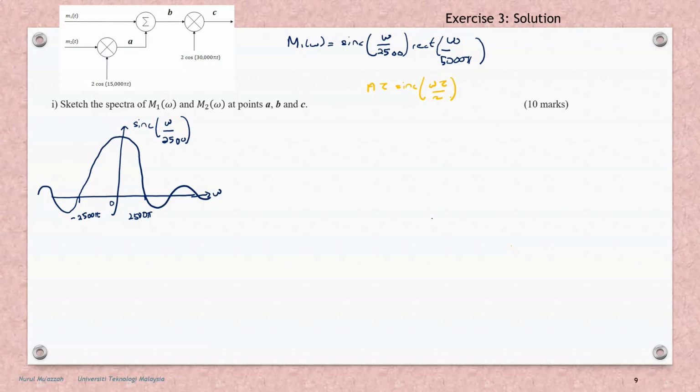The drawing for this is like this, and the value of amplitude here is A tau, and the frequency here is 2 pi divided by tau, and this one is negative 2 pi divided by tau. So you match here with the value of the equation, so it should be 2 multiplied by pi divided by tau.